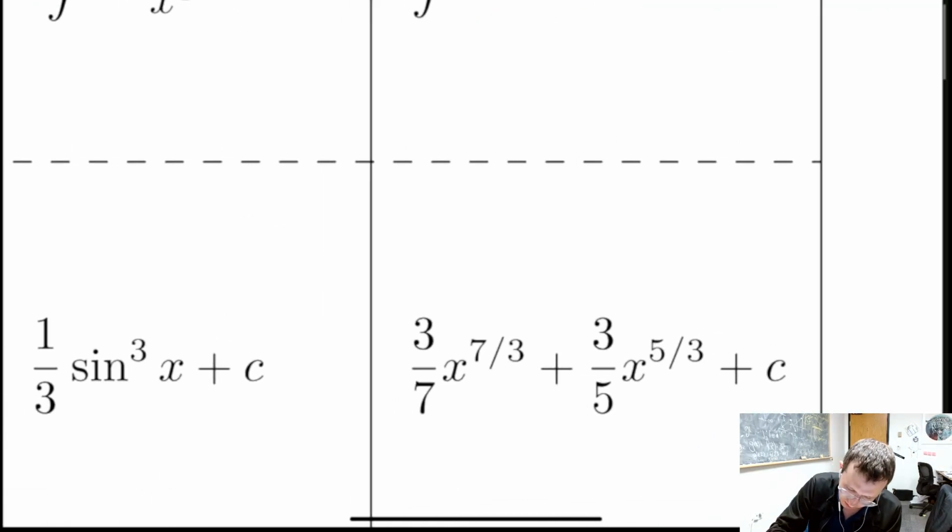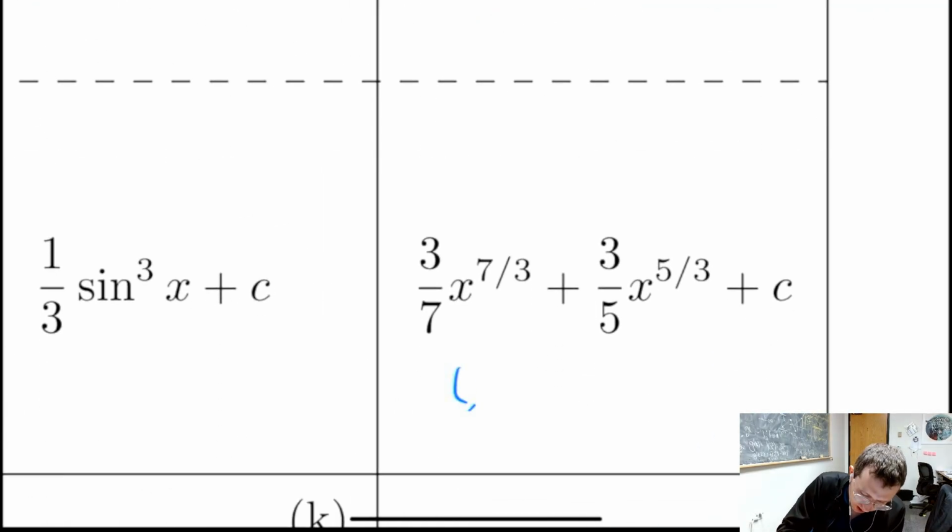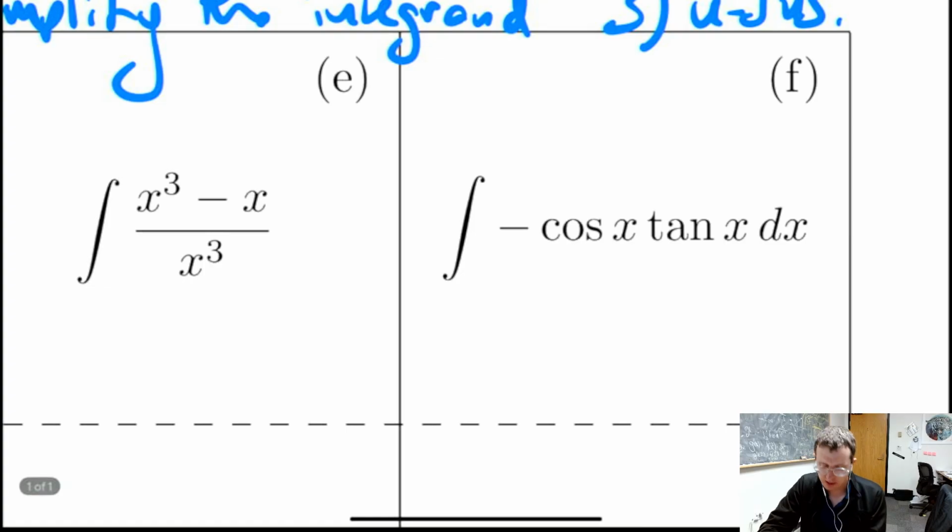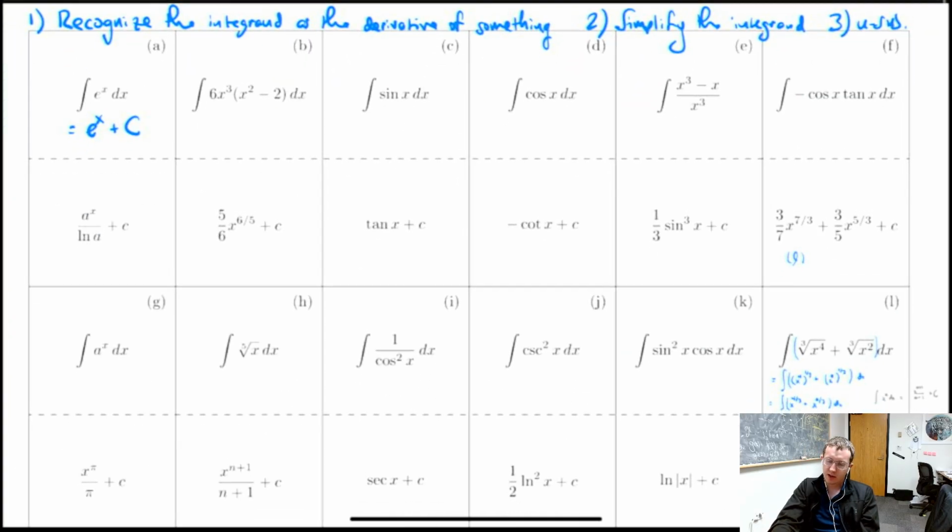So this one came from domino L. And now we are integrating minus cosine of x times tangent of x. Okay, so on the surface, it appears to be the most complicated integral we've seen yet, but let's just look at our methods.